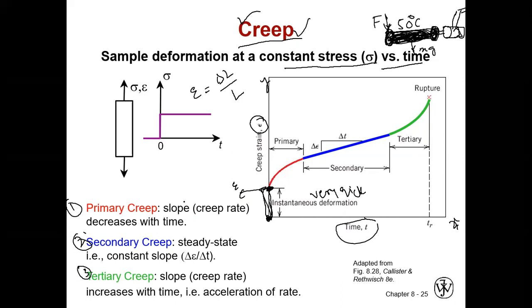The primary region means that the creep rate is decreasing with time. As time is increasing, the creep rate is decreasing. The blue one is what we call the secondary creep. The secondary creep is basically a straight line, a constant slope.